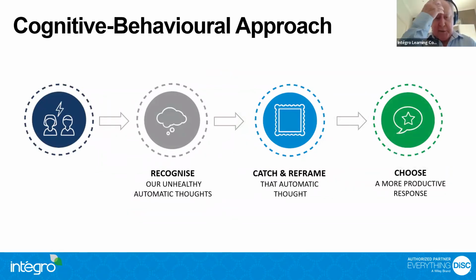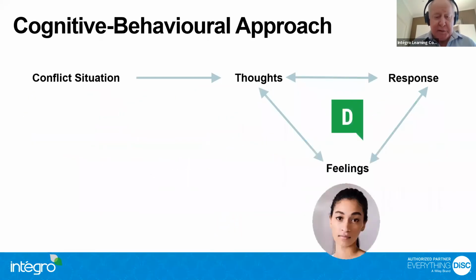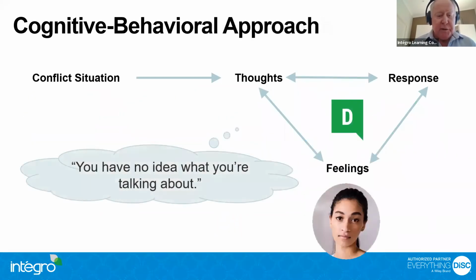Cognitive, it's in my mind, it's in my prefrontal cortex, if you like, in the brain, where I'm cognitively aware of the automatic thoughts and how that's affecting my feelings. So I'm going to recognize that, and I'm going to catch and reframe that automatic thought and choose a more productive response. So let's look at an example from Ruby this time. Conflict situation: you have no idea what you're talking about. The feelings are to be defiant and argumentative.